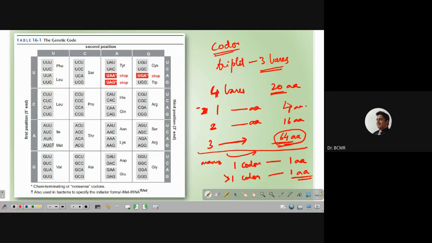The one rule, if I have to make it as a statement: one codon will only code for one amino acid. Many codons may code for one amino acid, but you will never find one codon coding for more than one amino acid. There are a few exceptions.